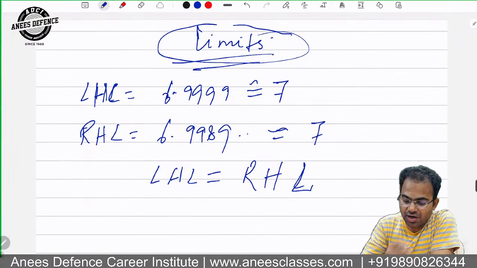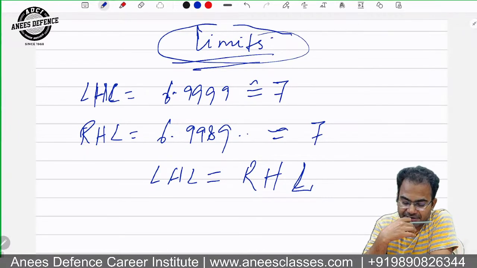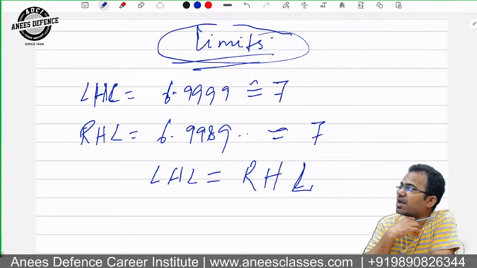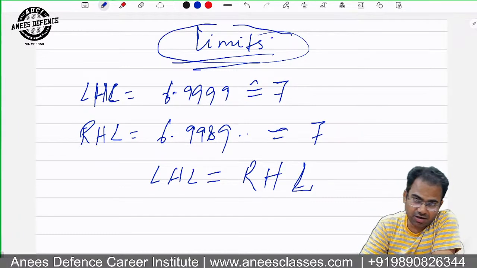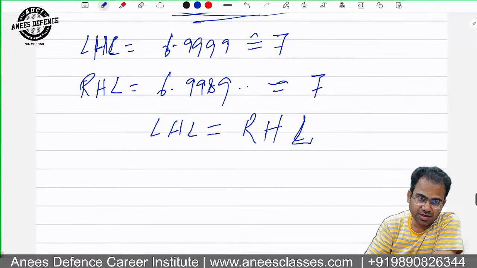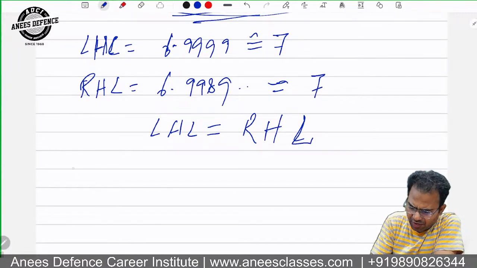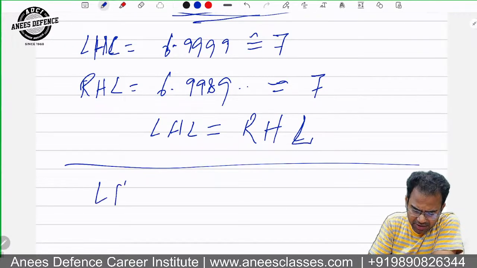So LHL equal 6.99, that is approaching to 7. RHL is equal 6.9989 something, is also reaching to 7. Here I can see LHL equal RHL. So limit exists.